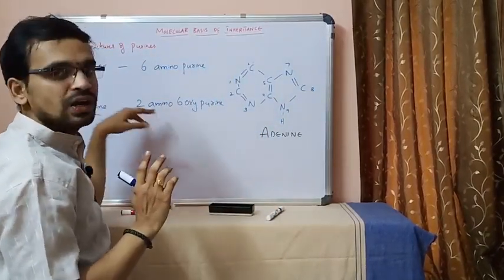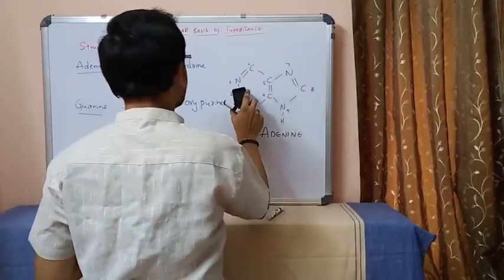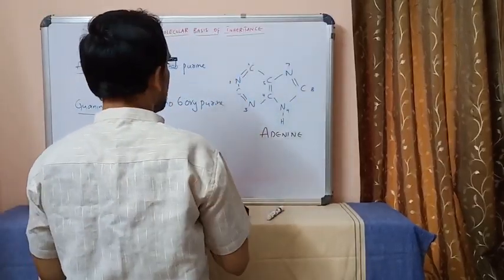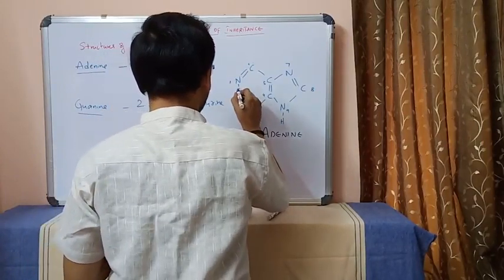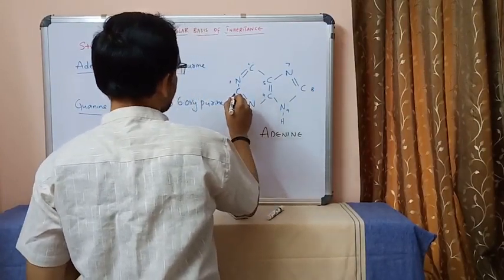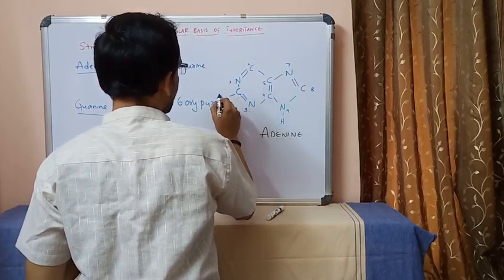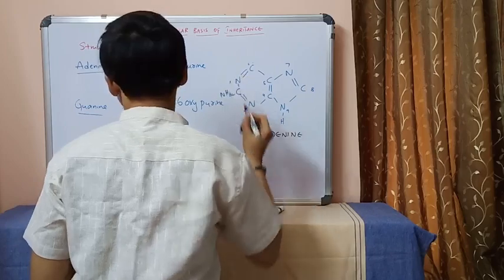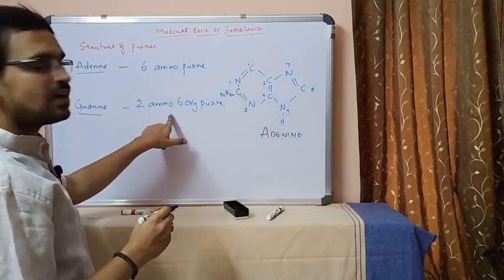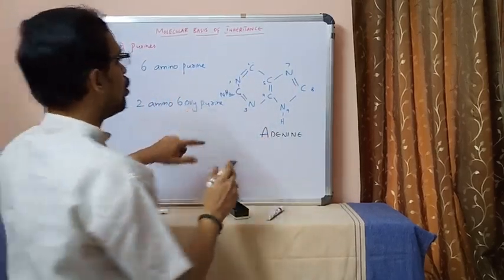Then it is called guanine. This is the second position, amino group. Second position, amino group. Sixth position, oxygen.